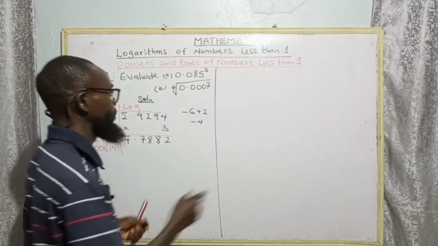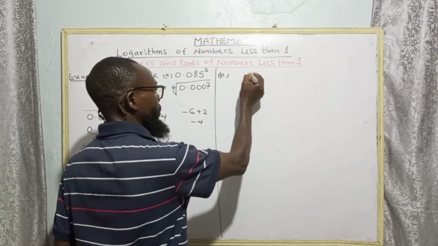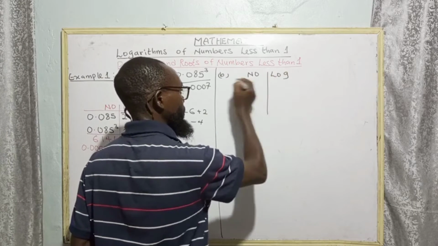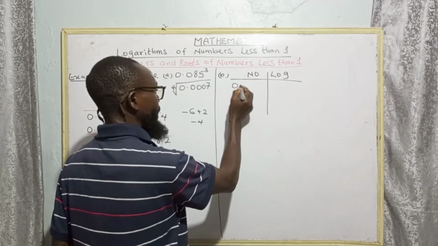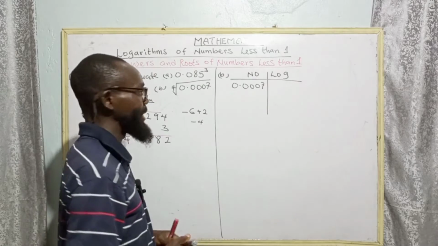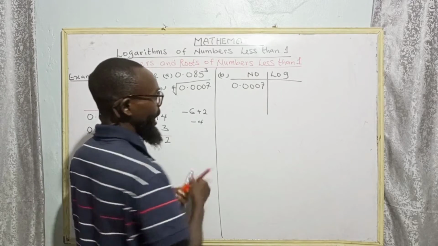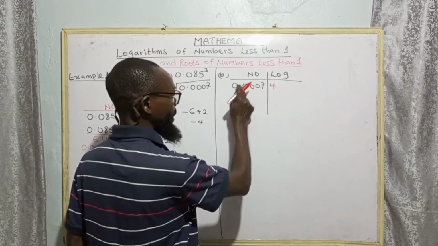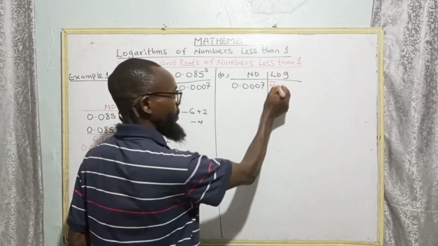Question B. We have number, log, 0.0007. Now what is the integer of this? So we're going to have 1, 2, 3, 4. Bar 4. So this point is the bar. That is negative points.